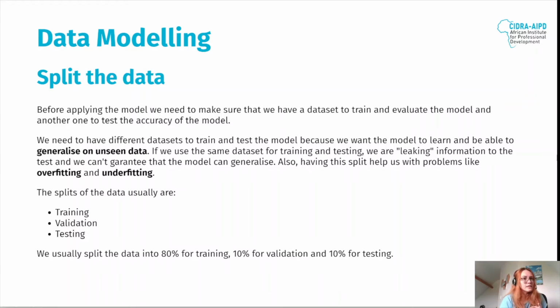I've been telling you about overfitting, and underfitting is the opposite of it. It's when we don't learn anything. We have the data there, we leave it training for however many hours or minutes, and in the end the model learns nothing. When we compare, it's just terrible. So this is underfitting.